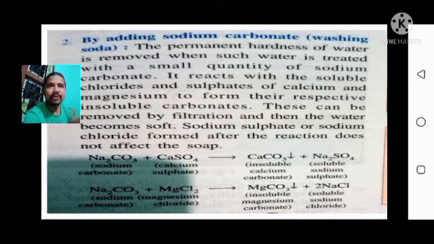The soluble chlorides and sulfates of calcium react with sodium carbonate and form insoluble calcium carbonate, and if there is magnesium, then insoluble magnesium carbonate. As a result, permanent hardness of water can be removed.